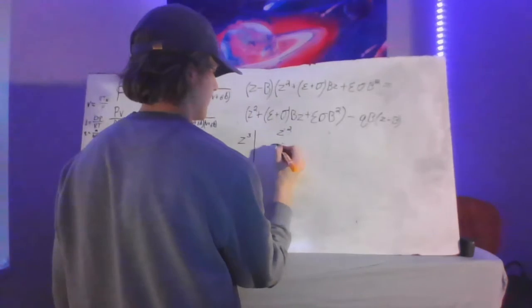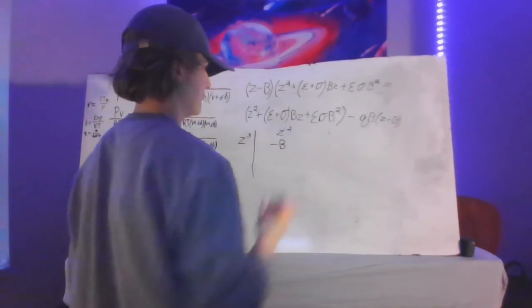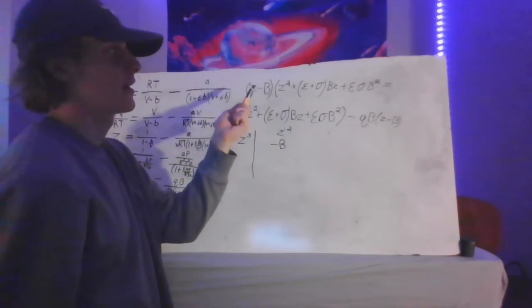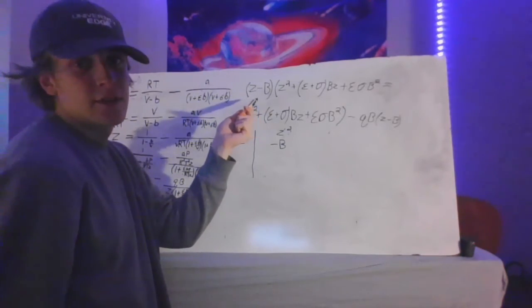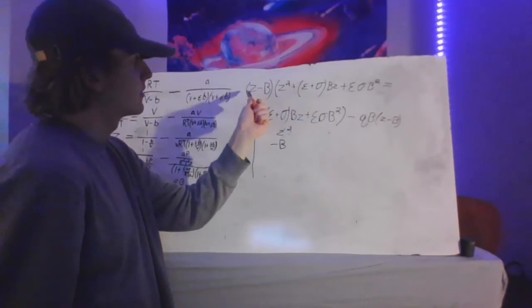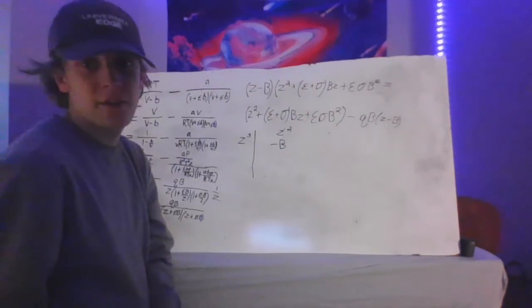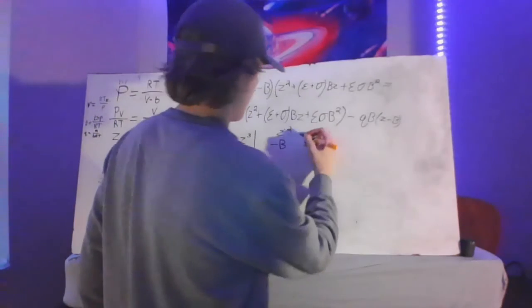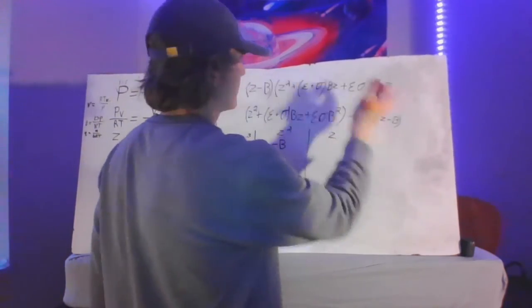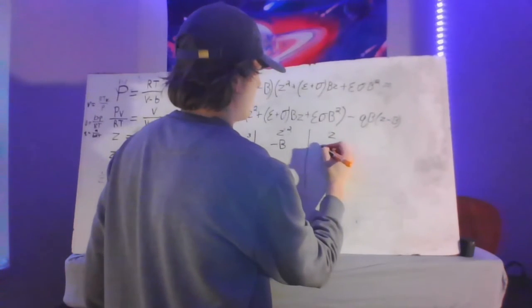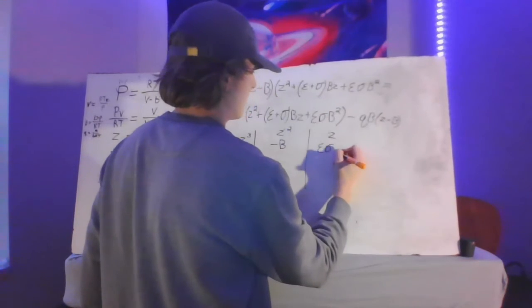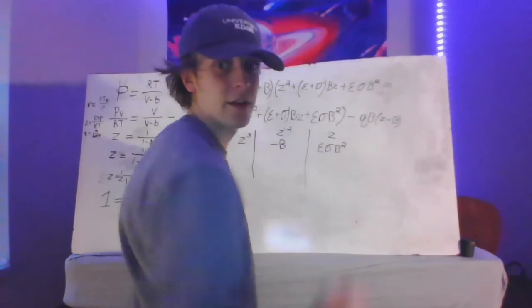It's just negative beta. And then for Z, we're going to have another value when we multiply this out: epsilon sigma beta squared.